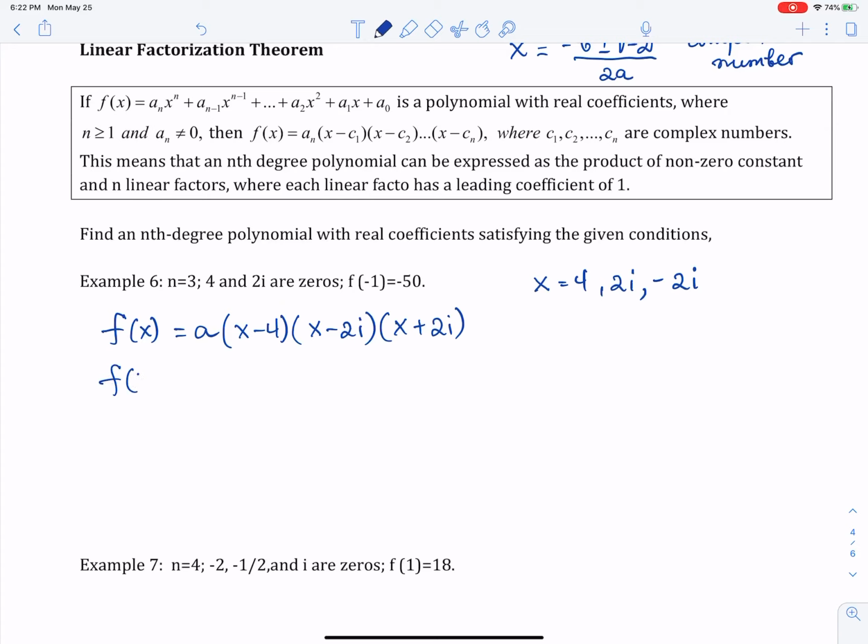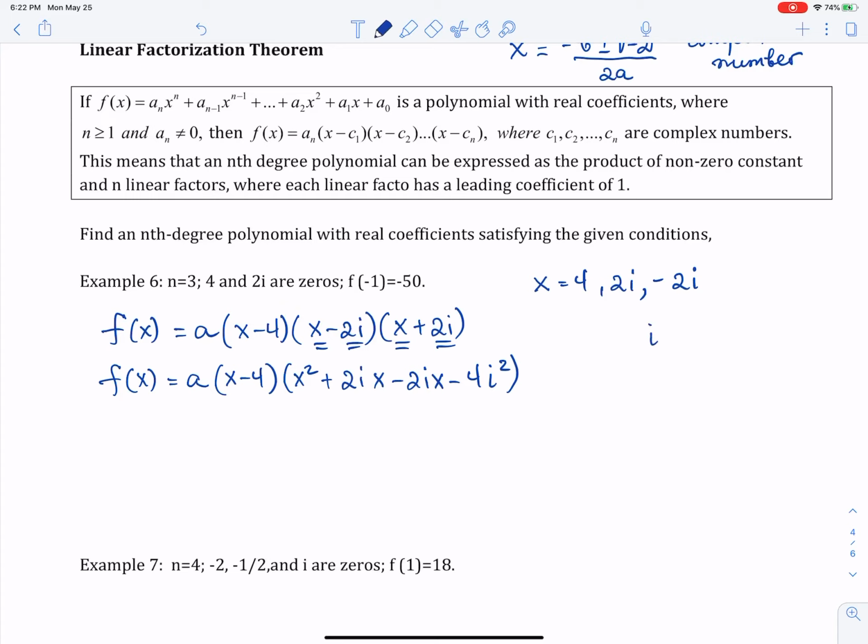We can simplify to eliminate the complex numbers. So x times x is x squared. x times 2i is positive 2ix. Negative 2i times x is negative 2ix. And negative 2i times positive 2i is minus 4i squared.